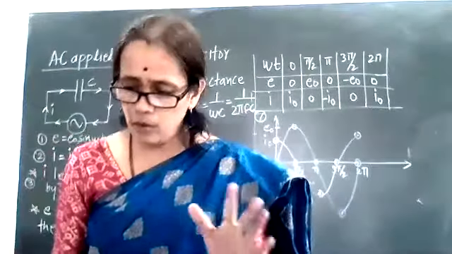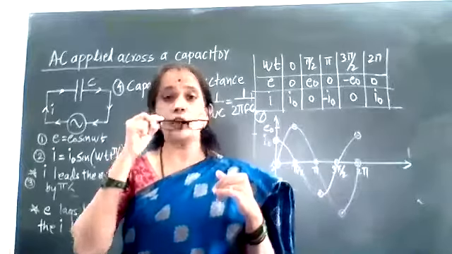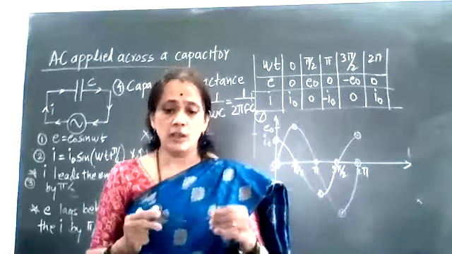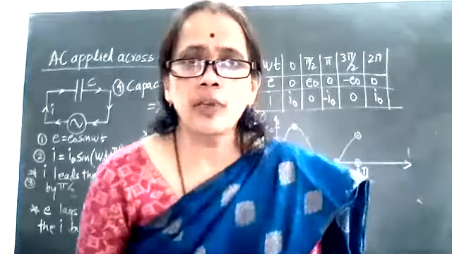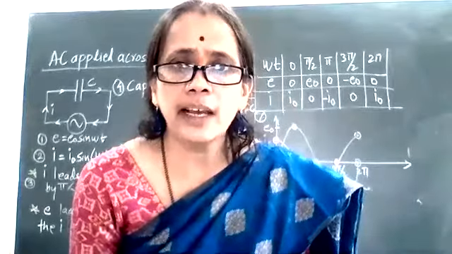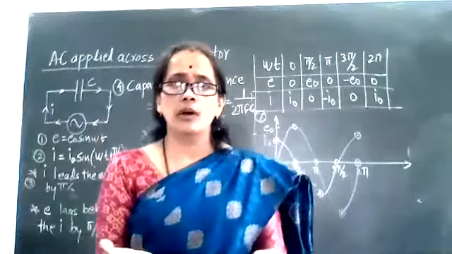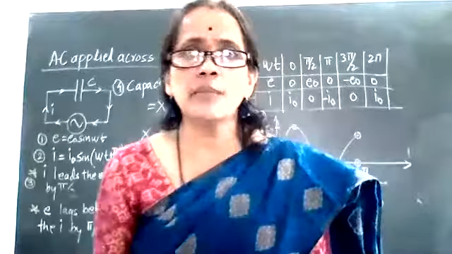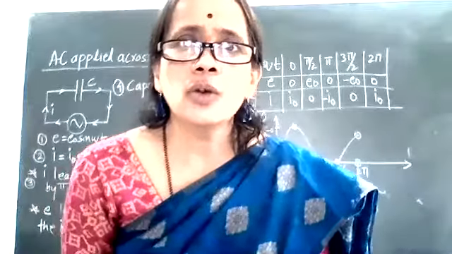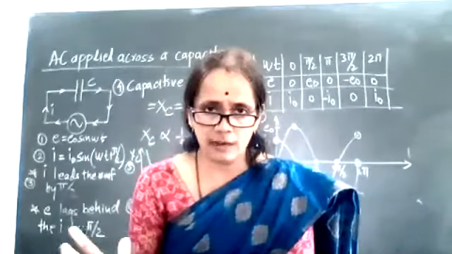Fine. Now what I am saying here, जो आपने इंडक्टिव में देखा था XL, so in inductive circuit we have seen XL. So in that XL, which is nothing but the inductive reactance, that which is nothing but your omega L. So that omega L is nothing but your 2 pi FL.